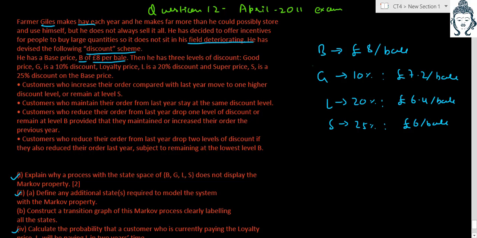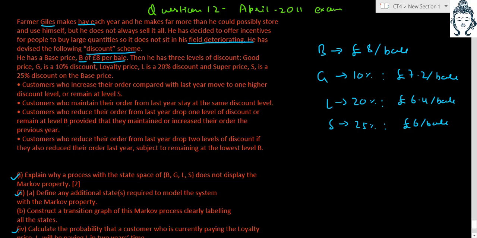So you can stay at the same level, you can move up. And customers who reduce their order from the last year drop one level of discount or remain at level B, provided that they maintained or increased their order the previous year, right?